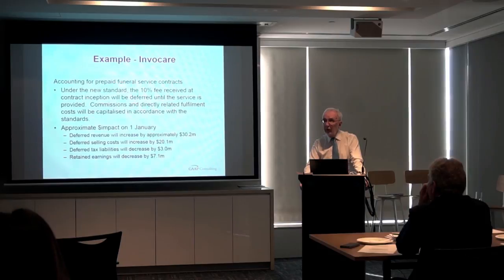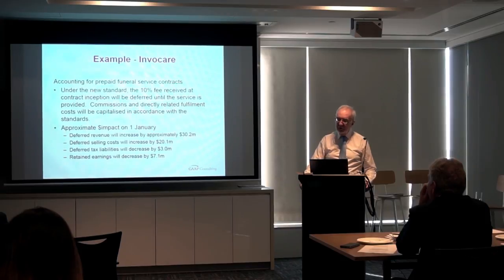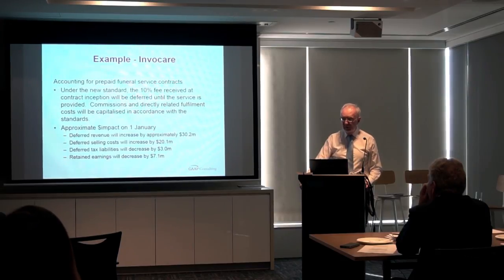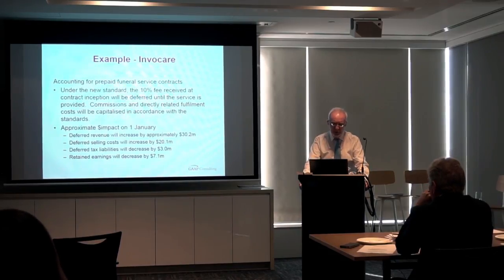One, we have a deferment of revenue, so revenue is going to be down by some number. The market's interested in revenue numbers. Secondly, we have a new asset in the accounts, which will be amortised over a period, and also that asset might be subject to impairment.